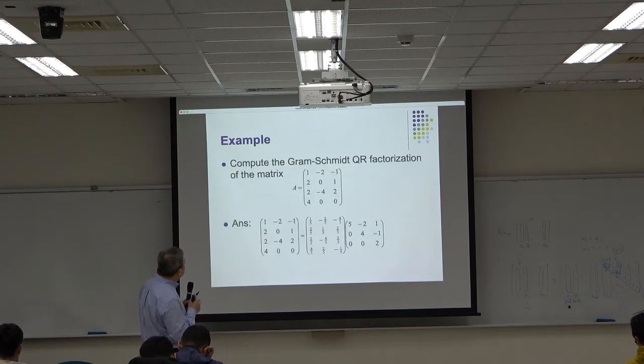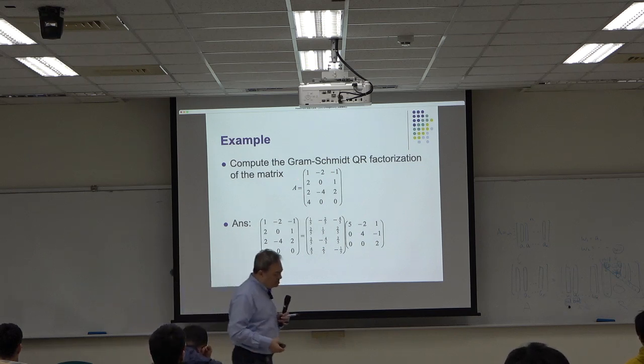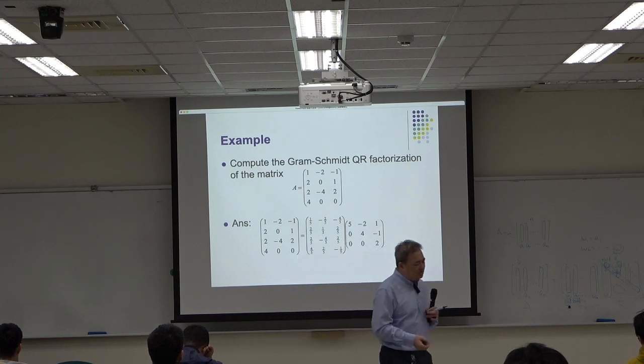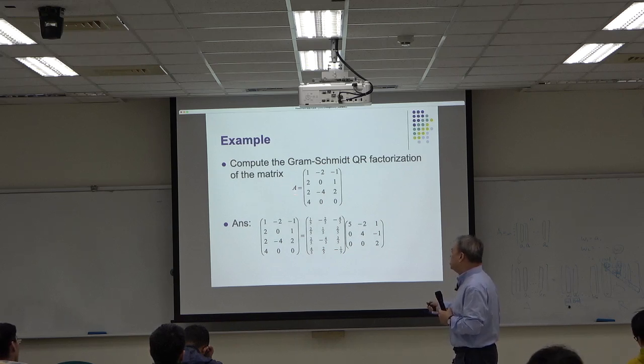Then let's consider this example. Compute the Gram-Schmidt QR factorization of the matrix. First, of course, you have to show that the column vectors are independent, or that the rank of this matrix is 3.